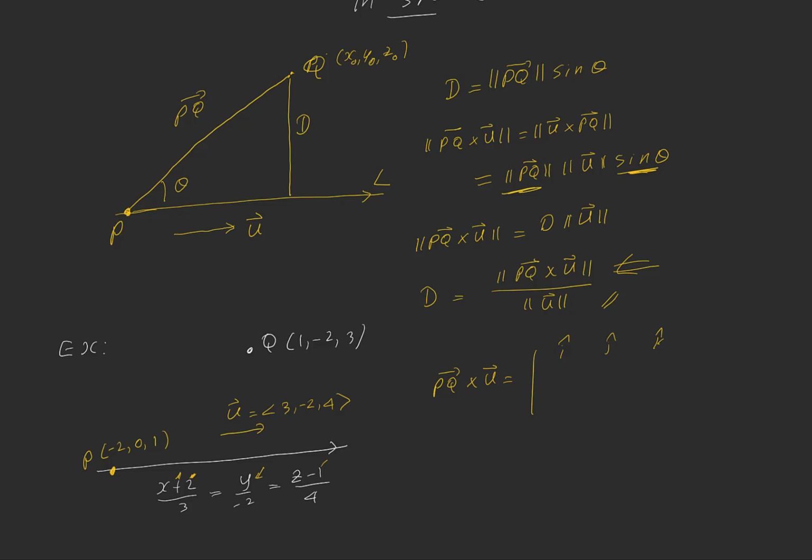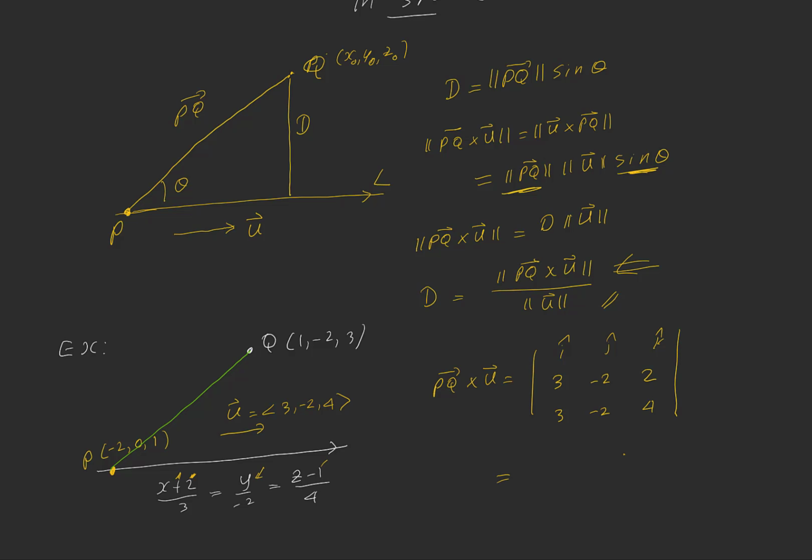So what is the PQ? We can find the PQ like this: 1 minus -2, which is 3, and -2 minus 0, which is -2, and 3 minus 1, which is 2. Right. And U is (3, -2, 4).